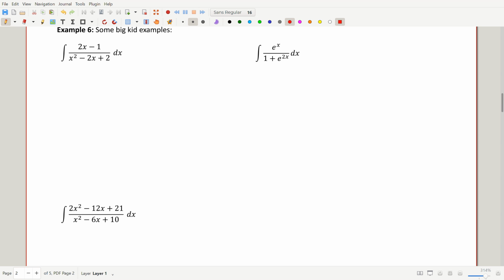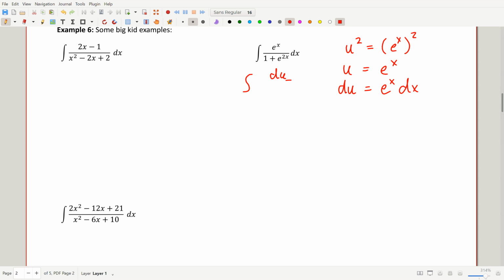No. But keep in mind that e to the 2x is another way of writing e to the x, squared. So could I make u squared equal e to the 2x? Because then u is just e to the x, and du is e to the x dx, which is exactly what I have. So we end up with the integral of e to the x dx, which is just du.